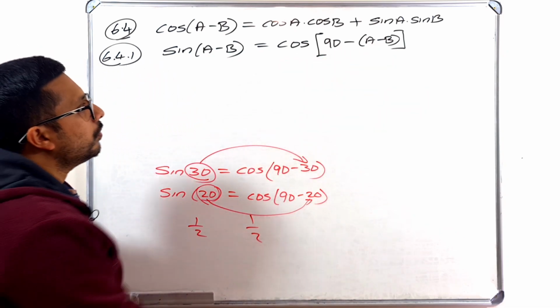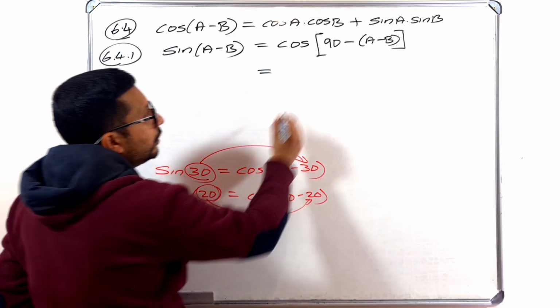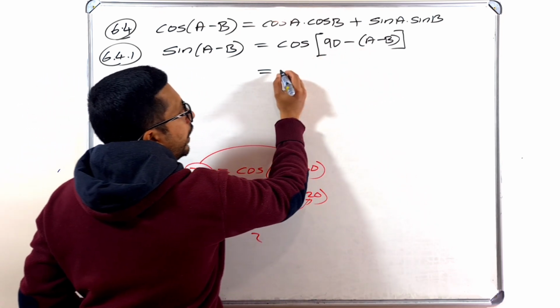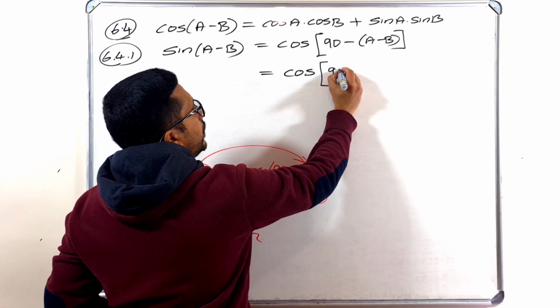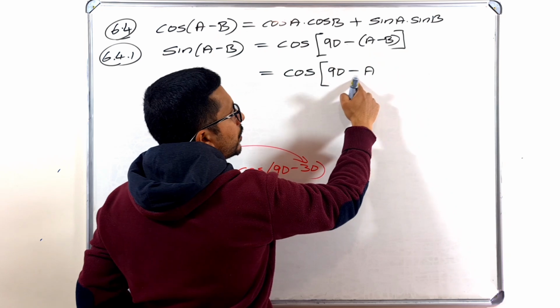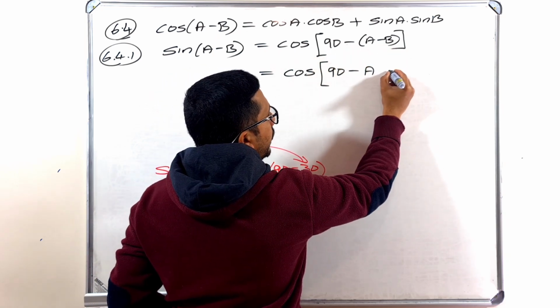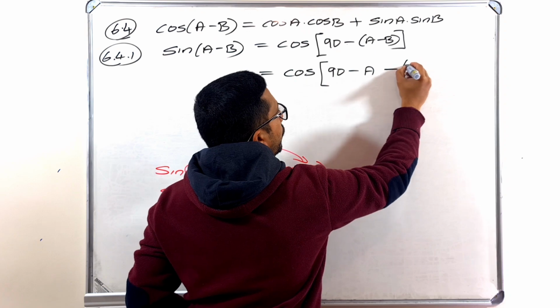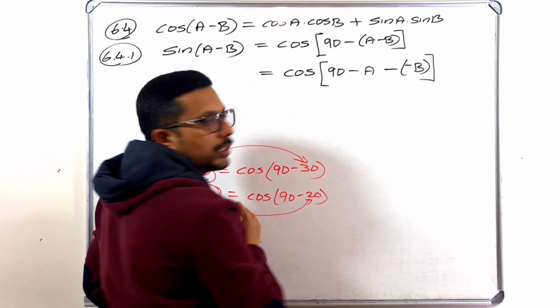Now look at this one. I'm just trying to make some alteration here. This 90 minus a minus b, I'm going to expand that one. Cos of 90 minus a. Minus into a is minus a, then minus into minus b is minus of minus b, which is positive b.